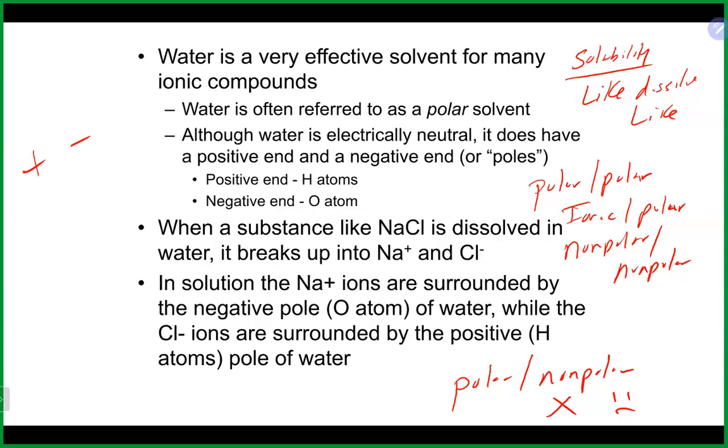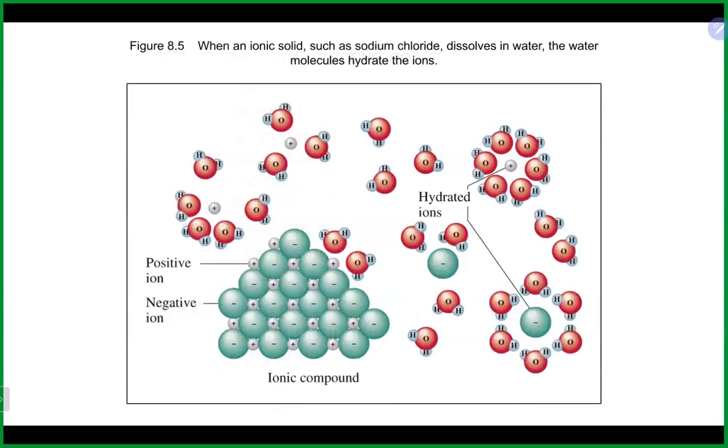The positive ion is attracted to the negative side of water, and the negative ion is attracted to the positive side of water. Ultimately, it boils down to how all molecules interact with each other: through electrostatic attraction. Positive and negative attraction is what keeps them together, and when they don't have that option, they don't mix really well. So that's also why, as we'll talk about later in this chapter, something like oil and water don't mix really well, because they're using different types of interactions.